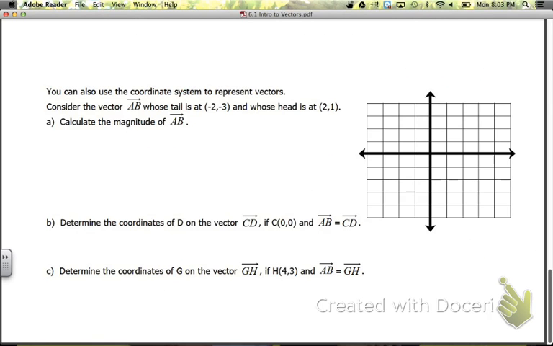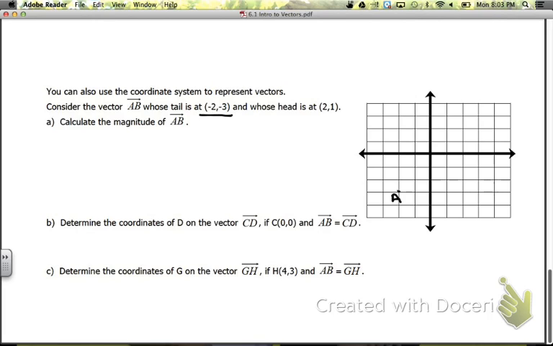Now, also note, you can also use the coordinate system to represent vectors. So we want to consider the vector AB, whose tail is at -2, -3. So that's our ordered pair. So let's graph that, -2, -3. So we have a point right here. We can label that as our A. And whose head is at 2, 1.